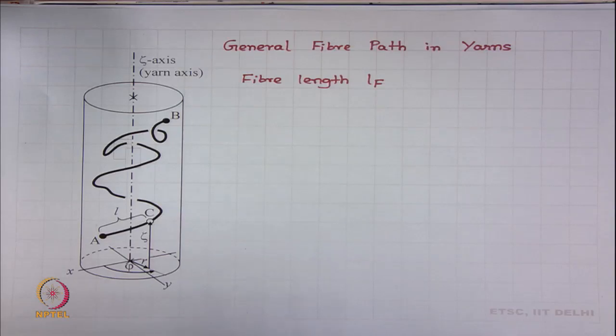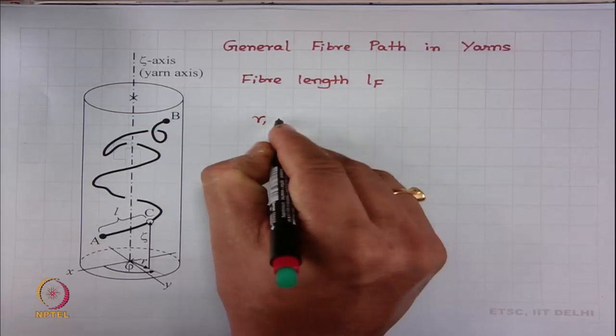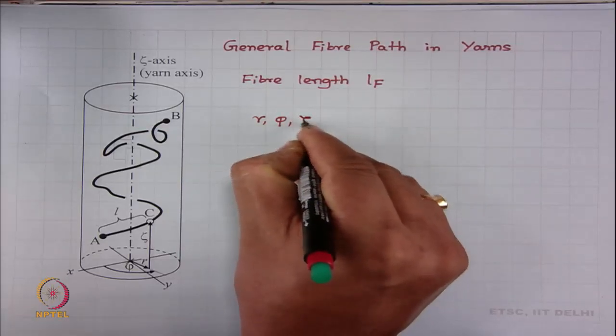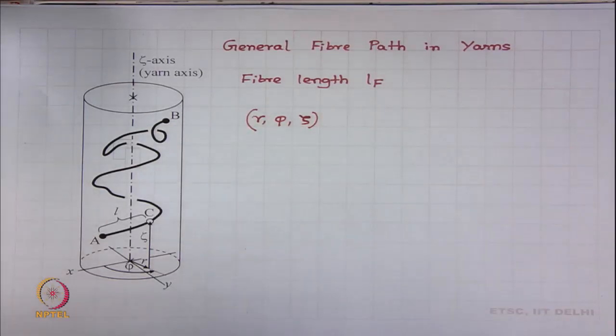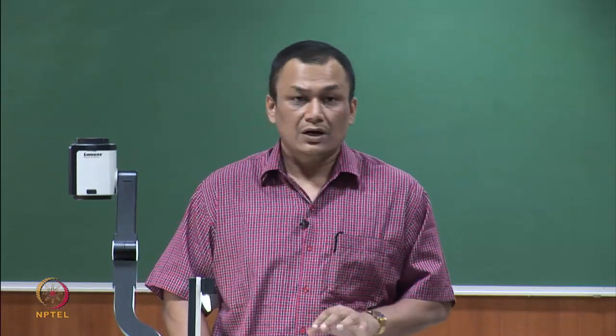So, r, phi and zeta represent the coordinates of a point along the fiber path.